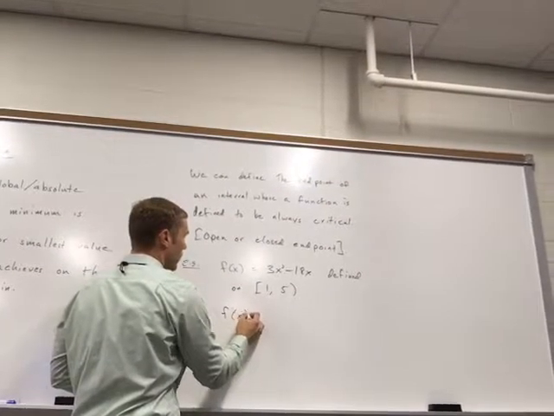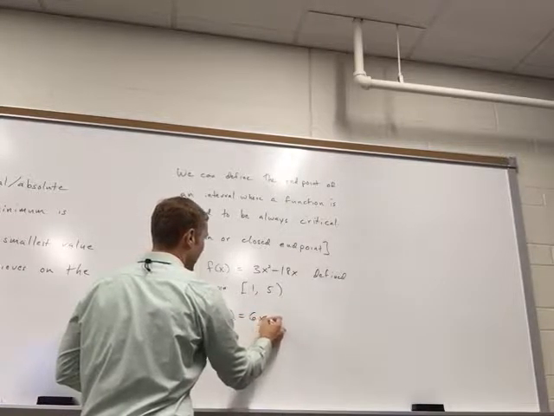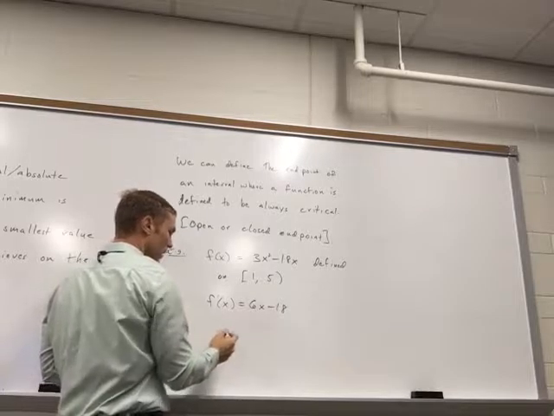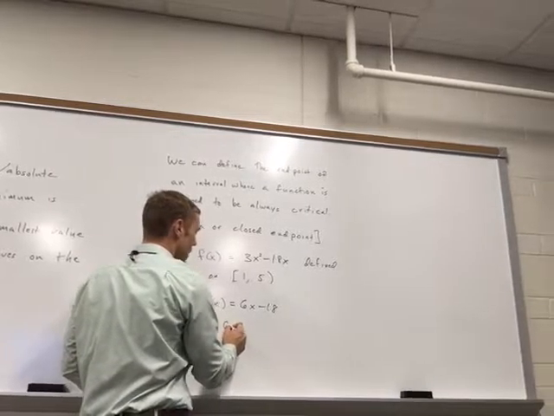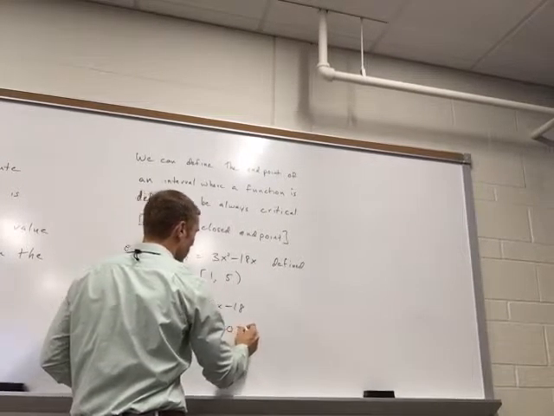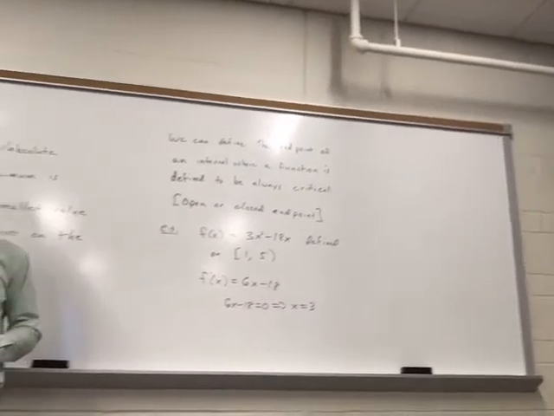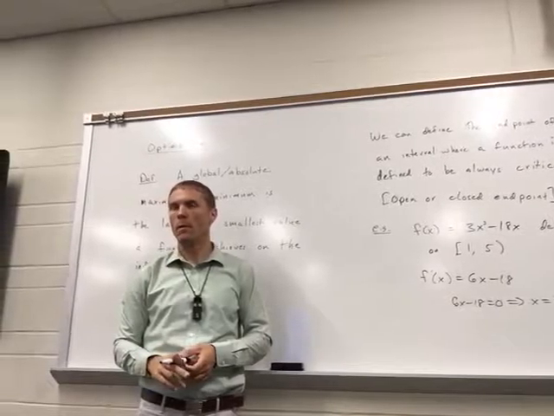F prime of x is 6x minus 18. So from here, we get that 6x minus 18 equals 0, or that when x equals 3, that is definitely a critical point like we've seen before.